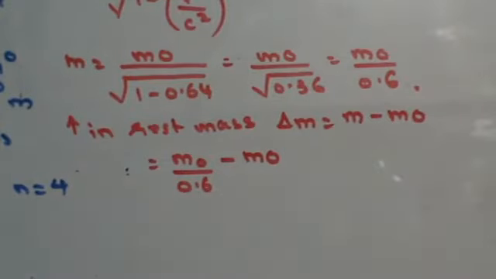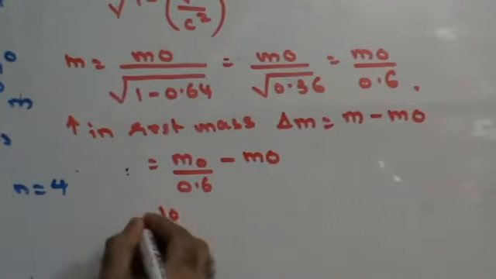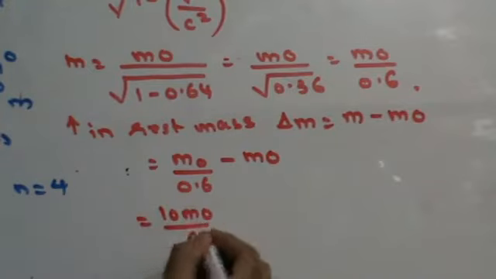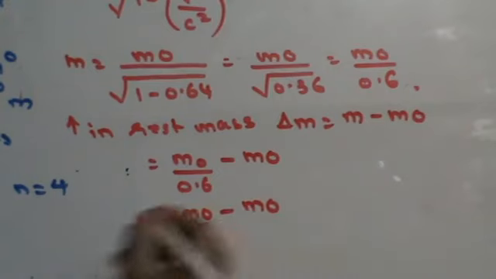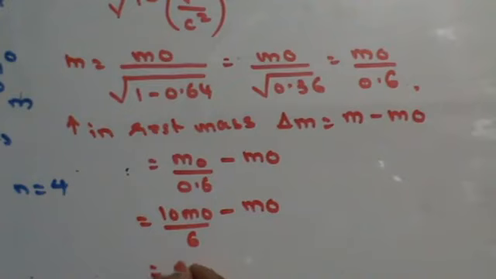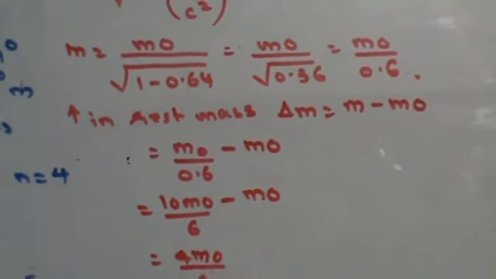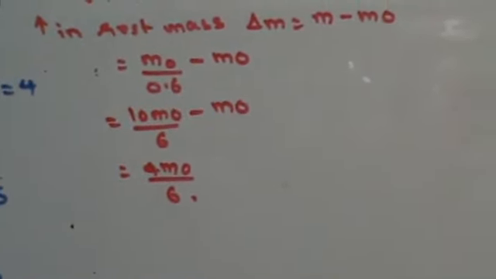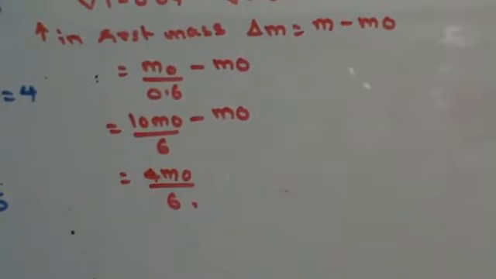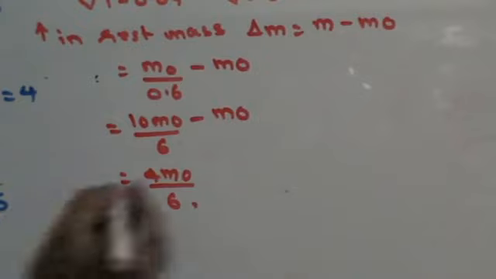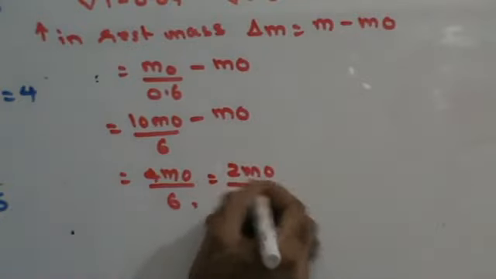So in that case you will get this as 10 m0 upon 6 minus m0. I'm getting rid of the decimal. So 10 minus 6, that is 4 m0 upon 6, right? Once you have this, then you can say that this is nothing but 2 m0 upon 3.